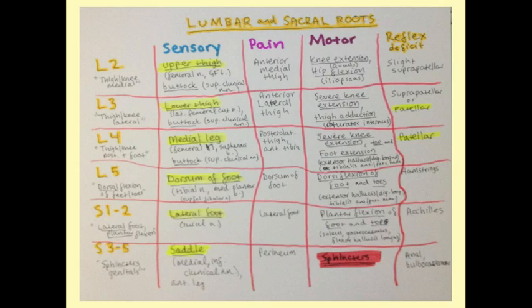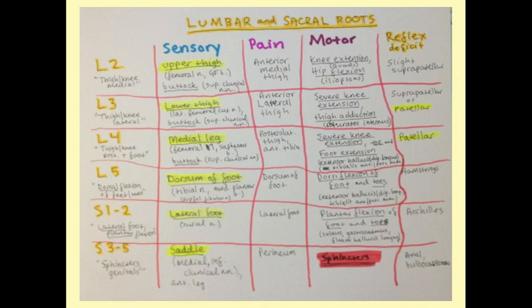And there's some overlap on here, so it's difficult to localize all of these roots to one location because they take care of different things sensory-wise, different levels motor-wise. So what I put here in quotes under L2, L3, etc. is probably the best generalization.